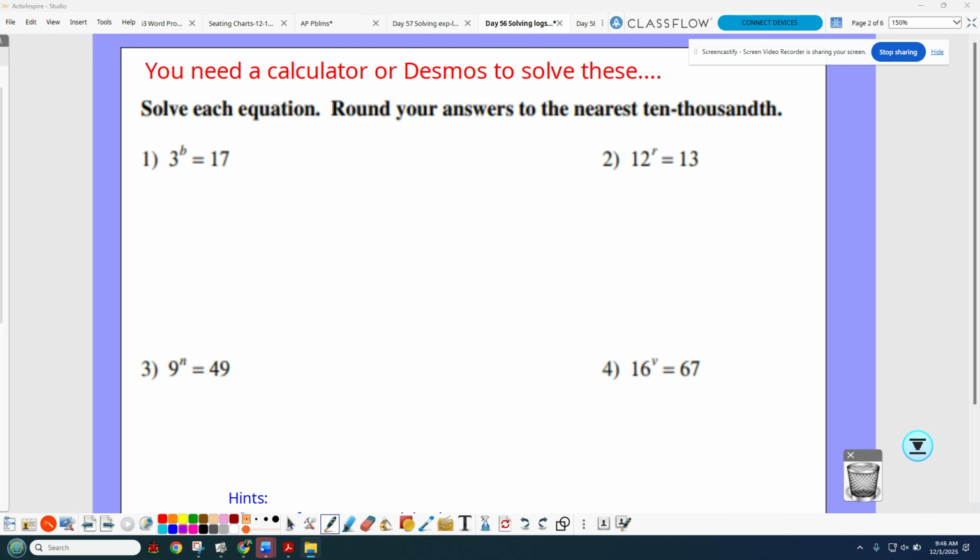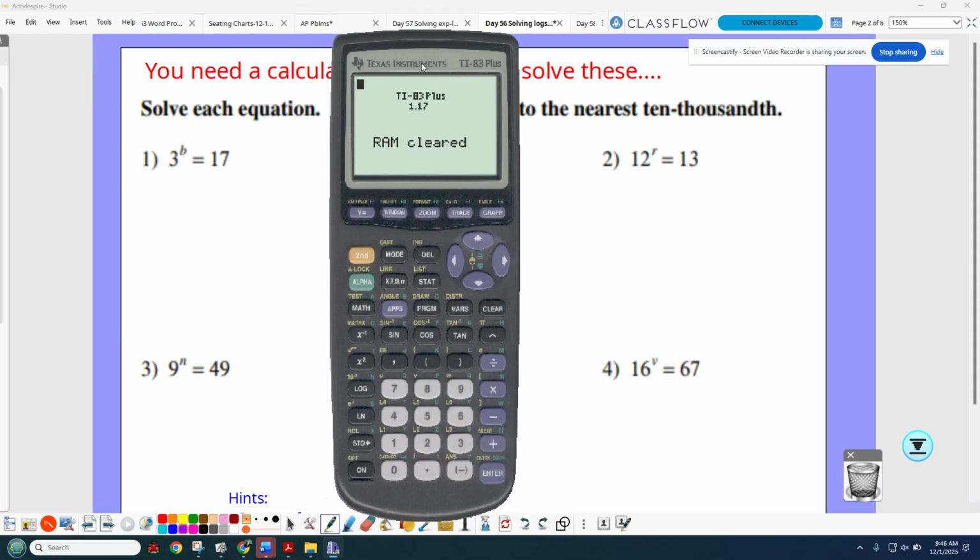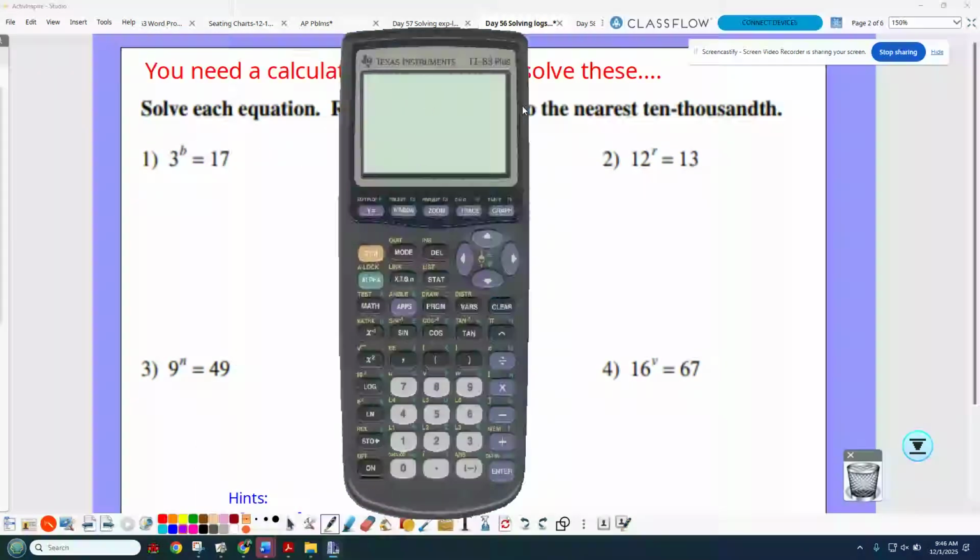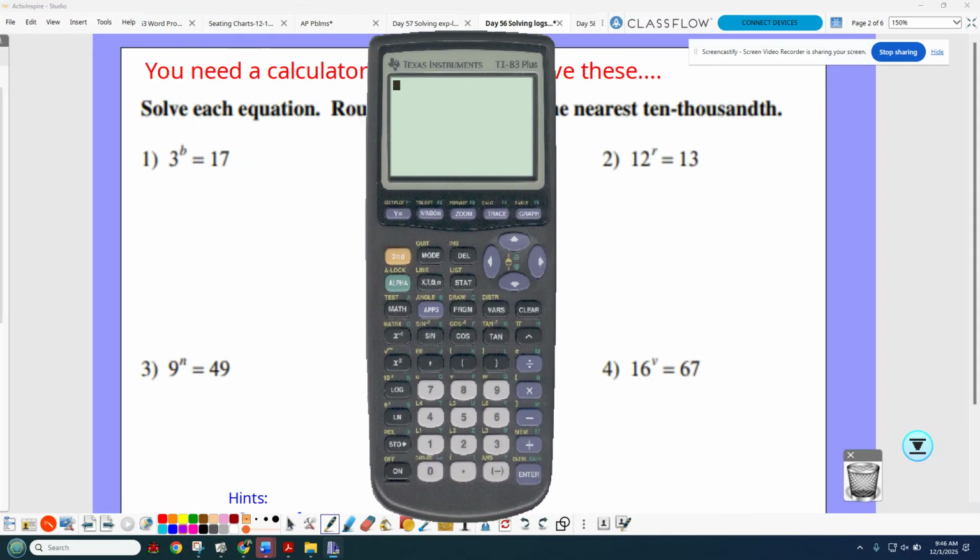Okay, so just to talk to you about the strategy for these kinds of questions, should you see them on the midterm or your quiz or your test in here. How do I solve for the exponent? How do we get the exponent out of that position? Yeah, Kevin?